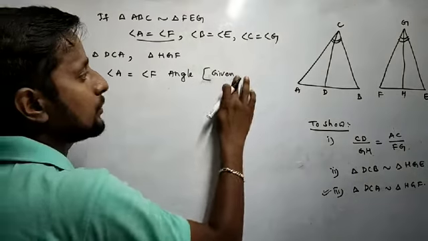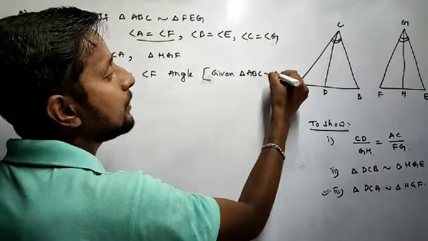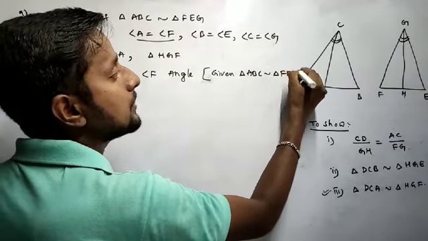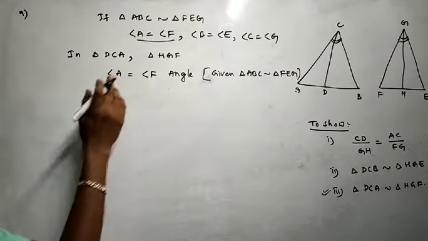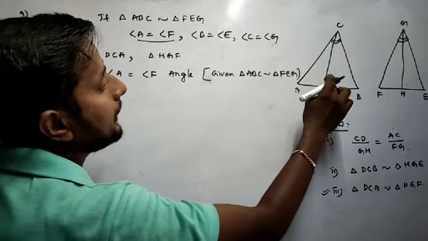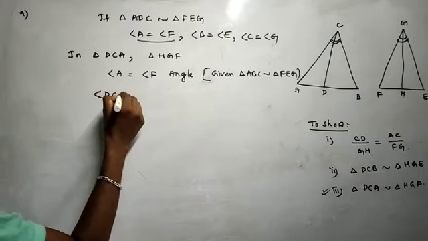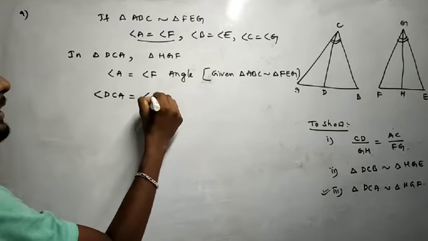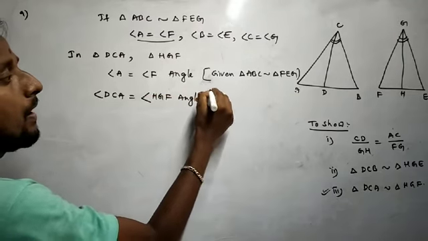So these two corresponding angles are equal. Next, we are talking about triangle DCA. Angle DCA is equal to angle HGF.